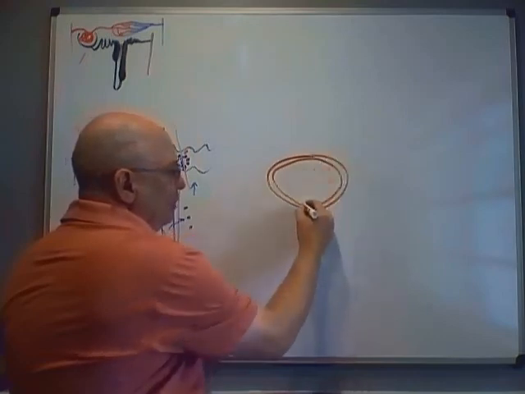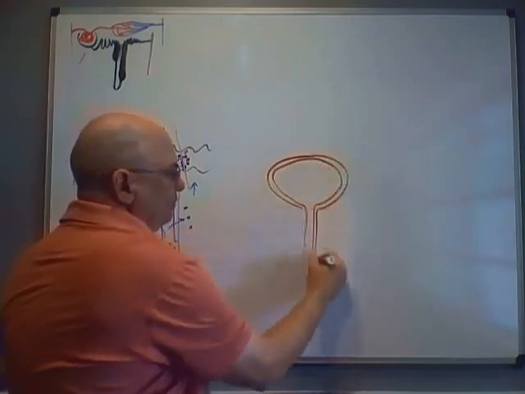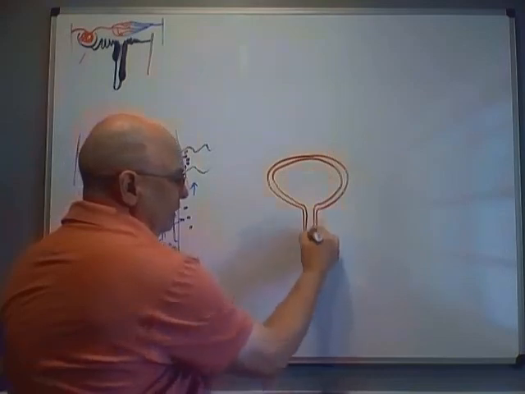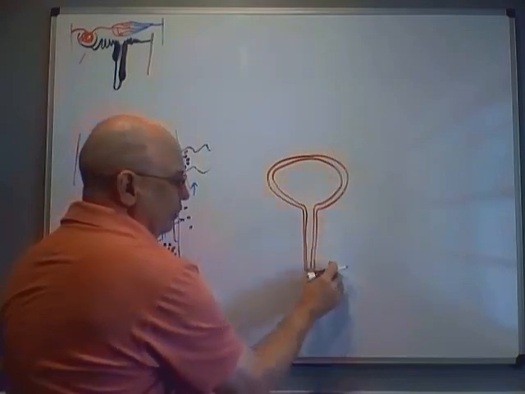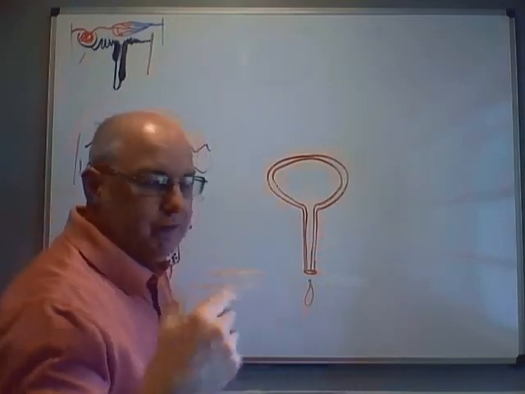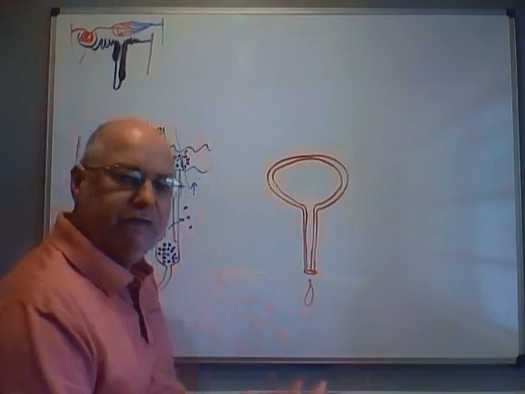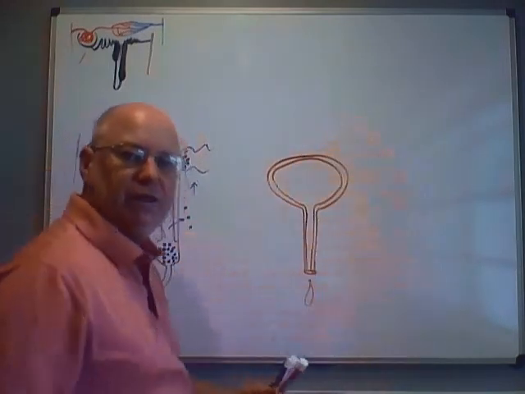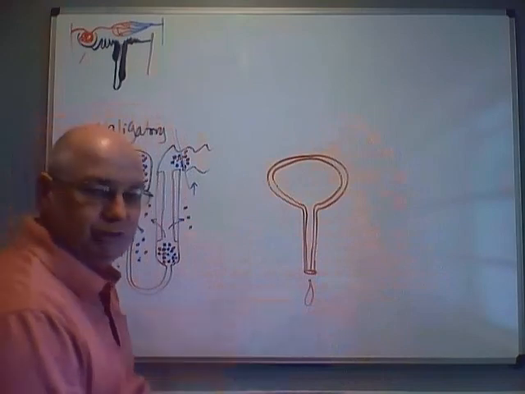And then we have a tube coming out called the urethra, and urine gets squirted out of your body through the urethra. Females have a rather short urethra because the bladder is sitting right where the vagina is, but males have a much longer urethra as it courses through the penis. But nonetheless, the urethra is there, and that's where urine comes out.